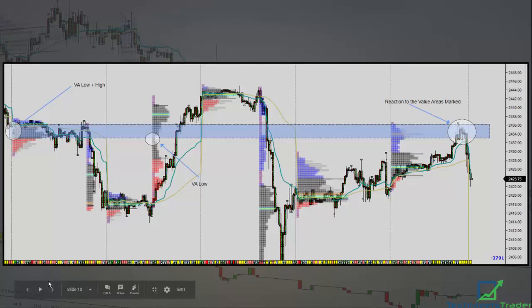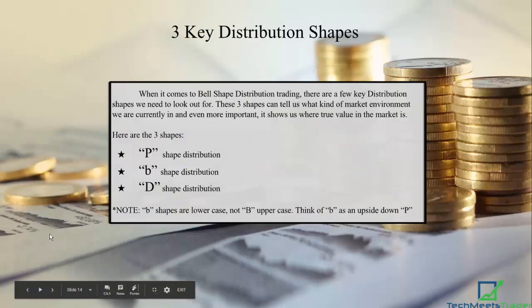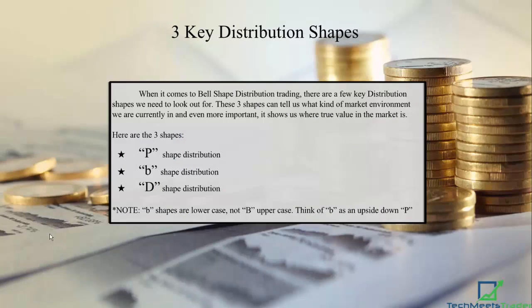Now, I promised I'd make you all professionals in distributions, and that's what I aim to do. So here are the 3 key distribution shapes. When it comes to bell-shaped distribution trading, there are a few key distribution shapes we need to look out for. These 3 shapes can tell us what kind of market environment we're currently in, and even more important, it shows us where true value in the market is.